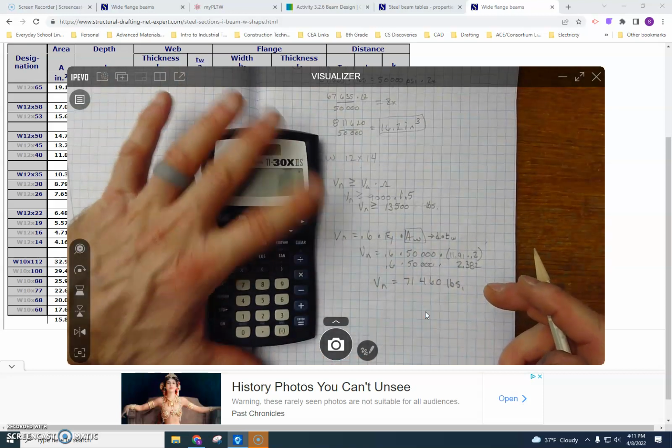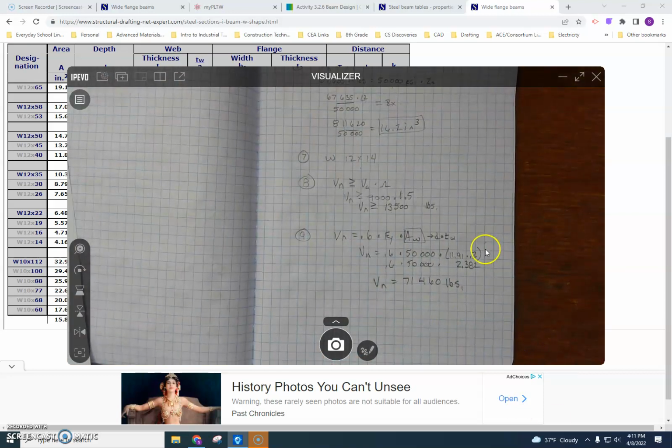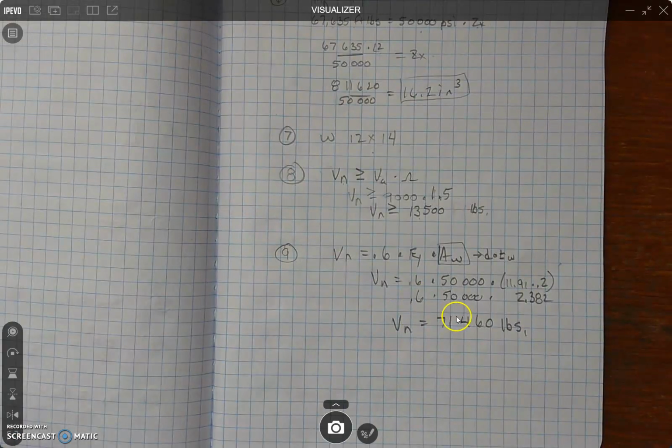So this is the last thing and I'm going to be done with this video. This beam will handle 71,460 pounds of shear. That's what we figured out here. That's why we went in and got these numbers, because the size of that beam helps determine how much weight it'll hold, right? We only need to hold 13,500 pounds of shear.